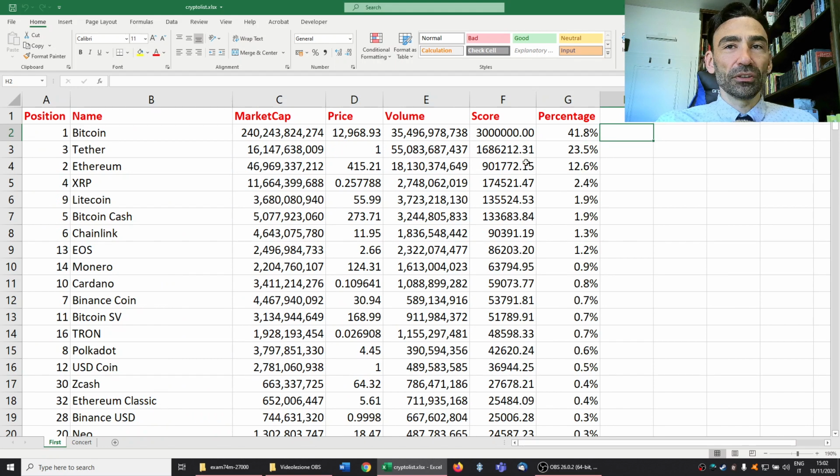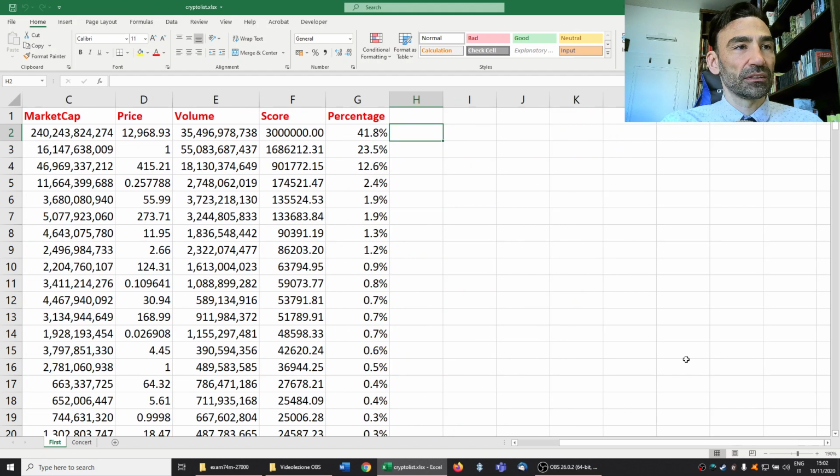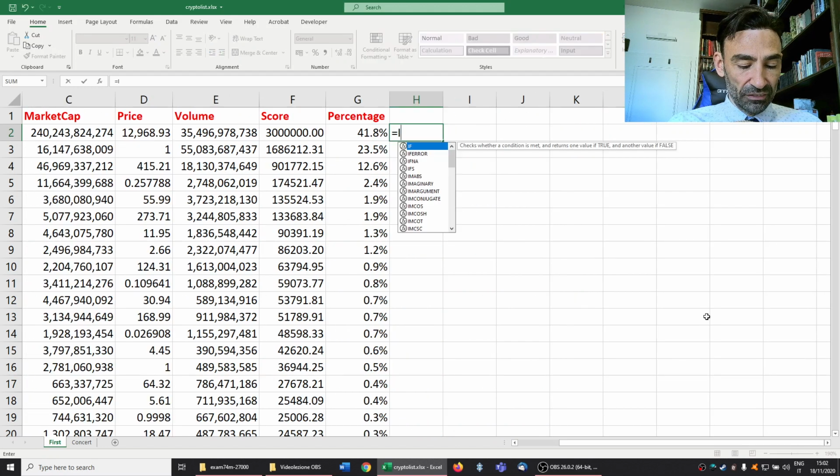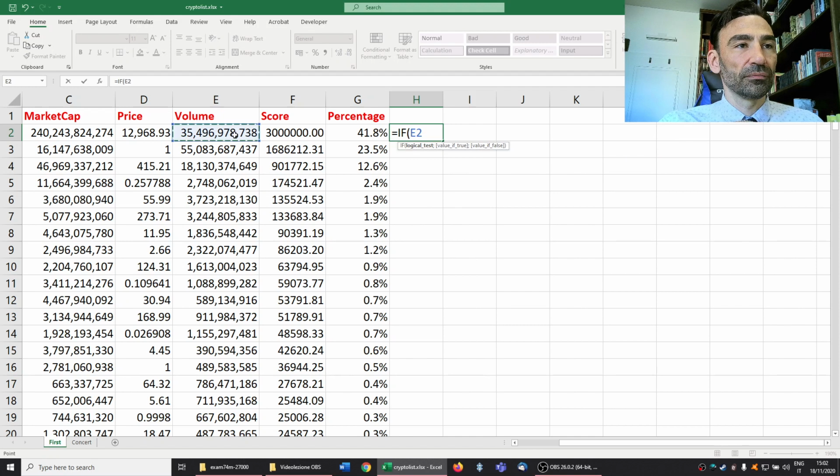List of cryptocurrencies. In column H, insert liquid when the volume, column E, is at least 20% of the market cap, column C. Otherwise, insert a dash. So, equal if volume is at least 20% of market cap. You can write 20% or you can alternatively write 0.2.